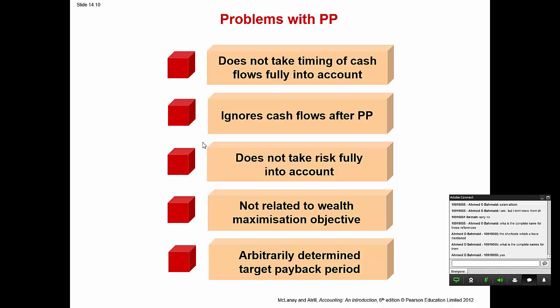For example, if you have an investment with a 2.5-year payback period, and another investment has a 1.5-year payback period, but the first investment gives you more money after the payback period, then based on the payback period you will choose the second one, whereas the first one would be better for you because it gives you more money after the payback period. But here we are ignoring all the cash flows after the payback period.